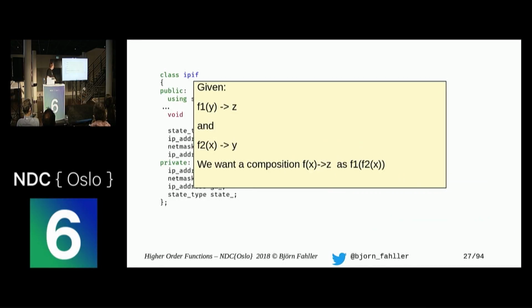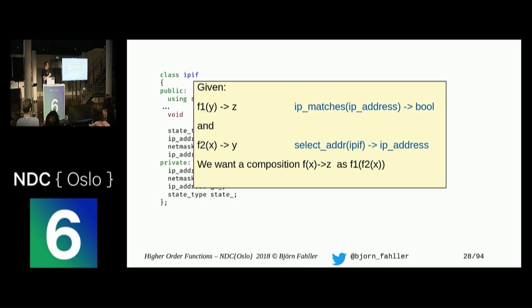So I would like something like, if I have a function f1 that takes a y and returns a z, and I have a function f2 that takes an x and returns a y, then I want to be able to compose them as one function that takes an x and returns a z by calling f1 with the result of calling f2 with x.